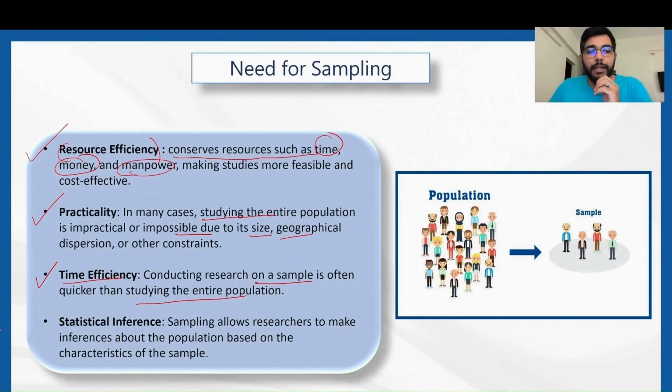Coming to the fourth advantage of sampling, that is its power of statistical inferencing, right? If the sample that has been chosen out of the population represents the overall population perfectly, the inferencing that we do or the conclusion that we make of the overall population would exactly or approximately match that of the sampled population.